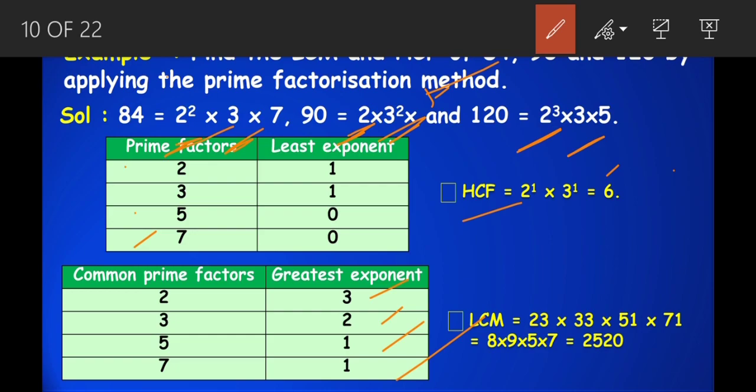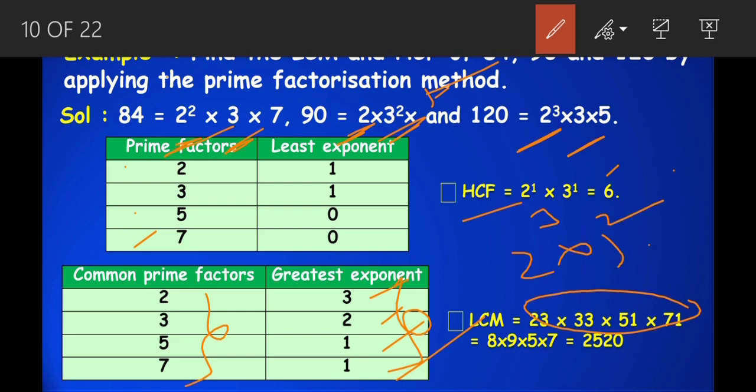So here we have to multiply all these prime factors along with their exponents. It is 2 cube into 3 square into 5 power 1 into 7 power 1. If we multiply all these values, what will we get?